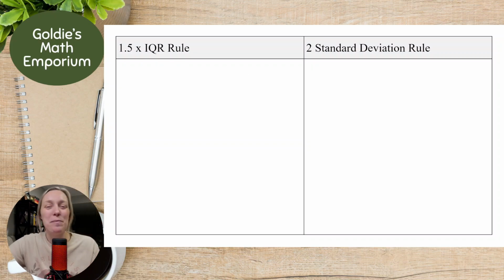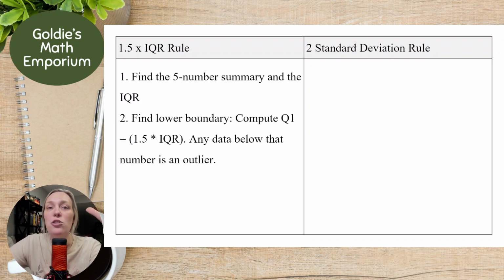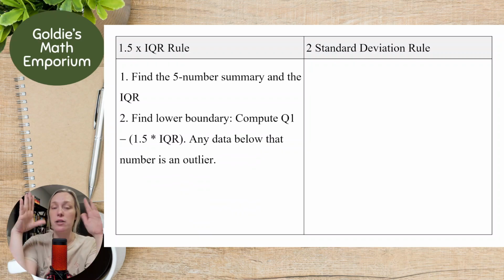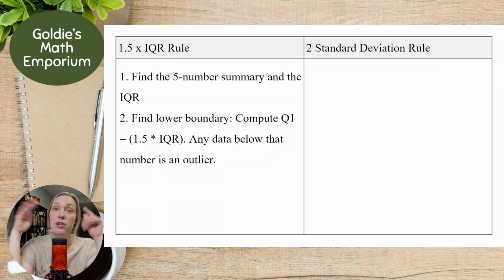Here are the steps for the 1.5 times IQR rule. You find the 5-number summary and your IQR, and then you find what your boundaries are. Anything within this boundary is a valid point in my data set. Anything outside of these boundaries is going to be considered an outlier.